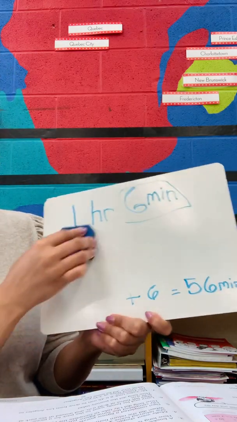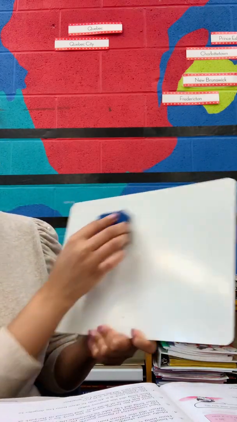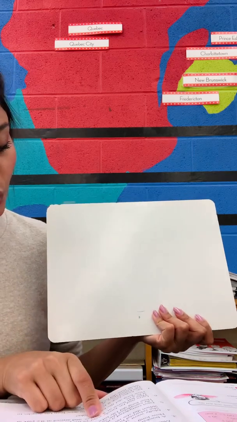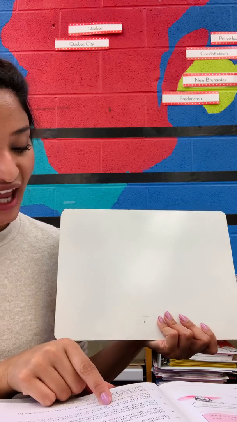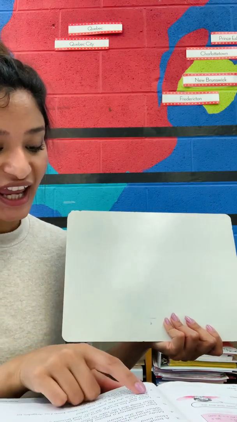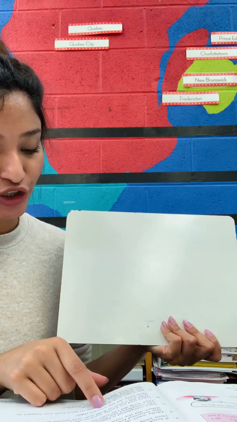Let's go to question 6. I'm going to read it right from here so that I don't have to move again. Larry and his family went to the park for a picnic. They left home at 8:30 a.m. and arrived at the park at 9:15 a.m. How long did the journey take?